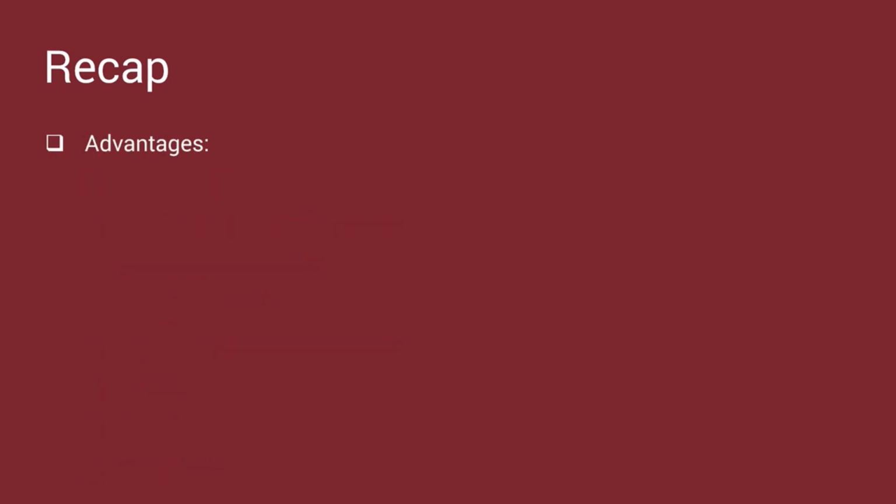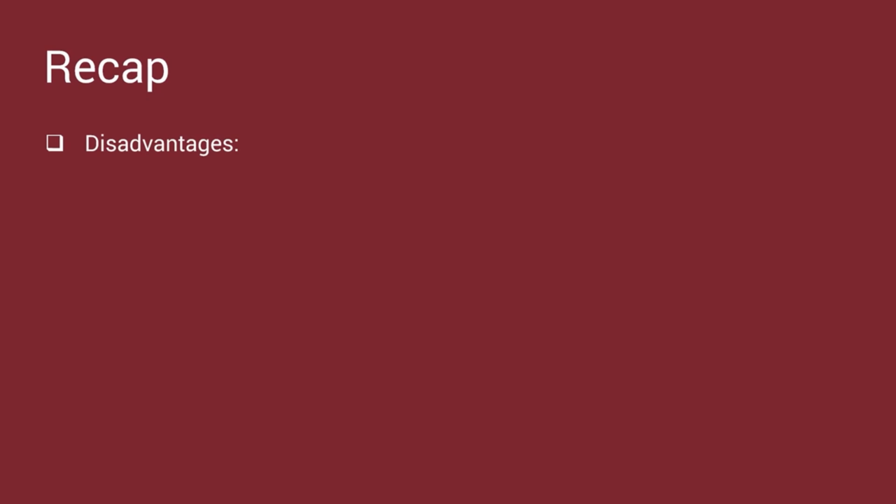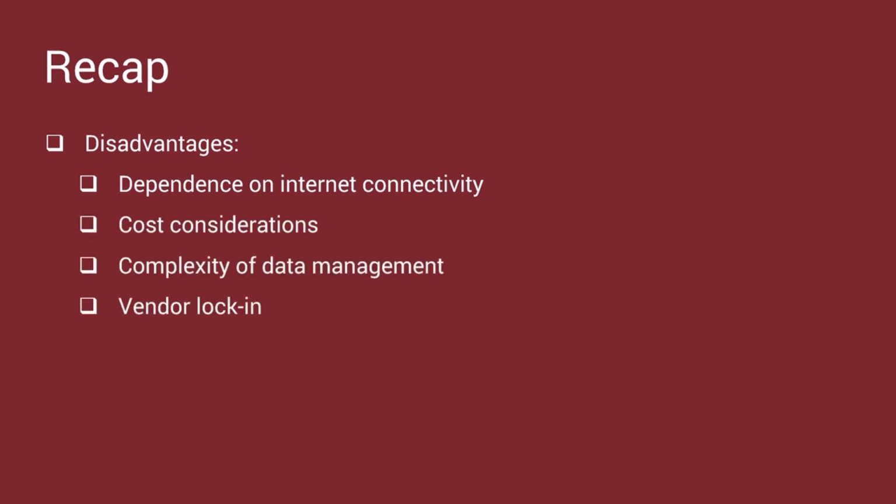Remote databases provide advantages such as accessibility, real-time data synchronization, scalability, and enhanced security. Despite the benefits, there are disadvantages, including dependence on internet connectivity, cost considerations, complexity of data management, and vendor lock-in.